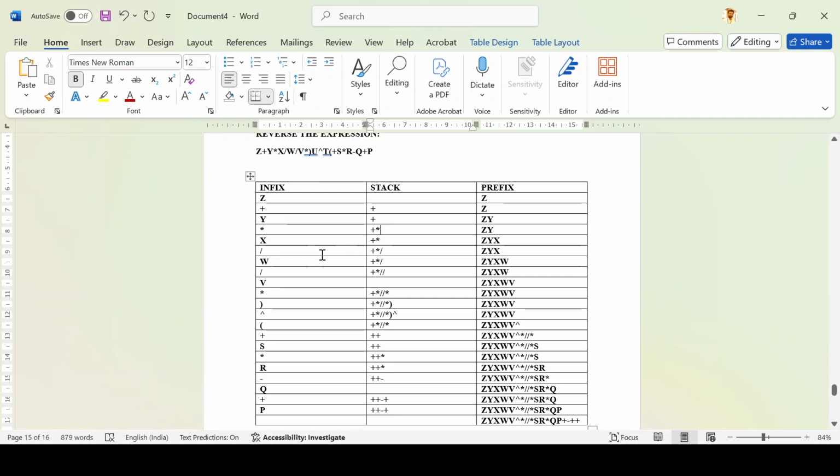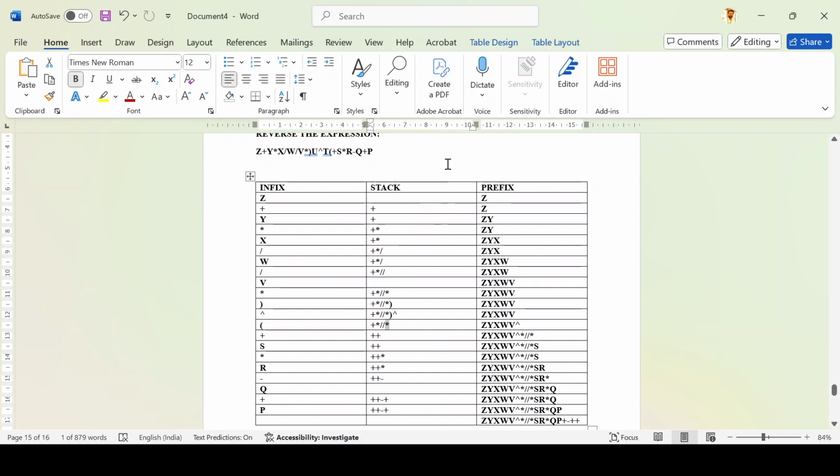If the incoming operator has equal precedence with the top of the stack, then push it into the stack. If the incoming operator has lower precedence than the top of the stack, then remove the top of the stack and repeat the same step. These are the three rules to remember for the conversion of infix to prefix.